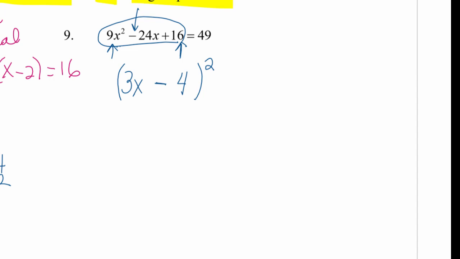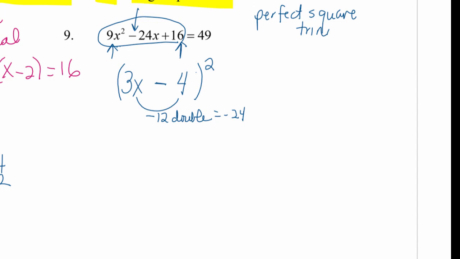Remember, the middle term will be multiply 3x times negative 4, which is negative 12, and double it. There's 2 of those, and that equals negative 24. So we know that this is a perfect square trinomial. So it's okay for us to factor it like this: 3x minus 4 all squared equals 49.